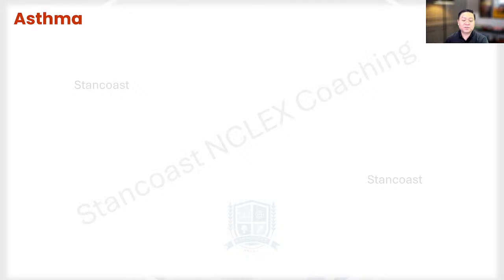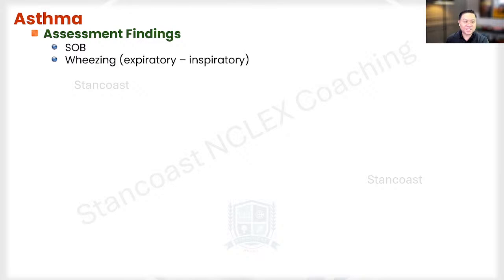Now let's talk about the assessment findings. In this slide, I did not include everything. I am just putting in a few of the manifestations that will often be seen in a person with a mild type of asthma. They're going to have some shortness of breath, and of course, some wheezing as well.